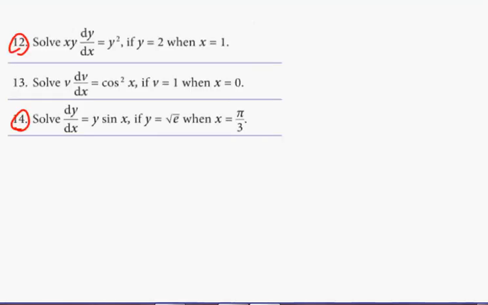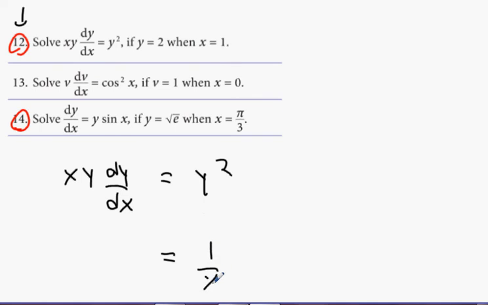Two more, and then I'll let you guys have a crack at them for the rest of the class, okay? So, what about number 12? xy dy dx, anybody? Equals y squared. Any guesses? Bring the x underneath. So it's 1 over x.